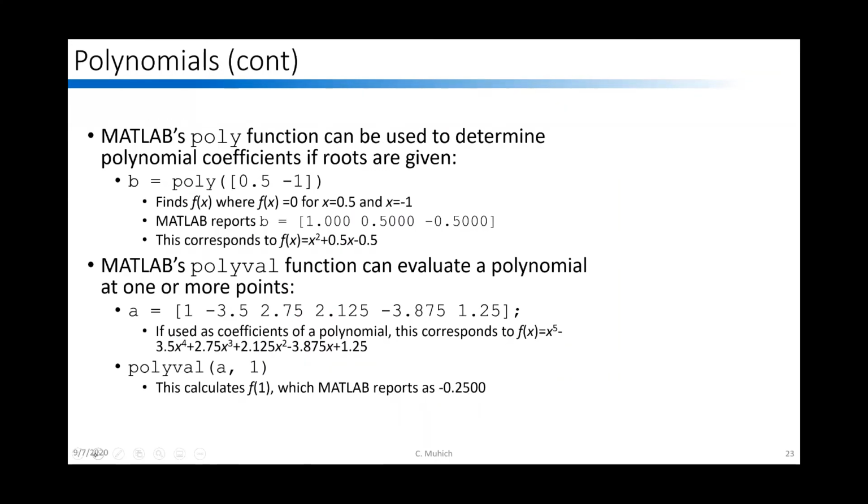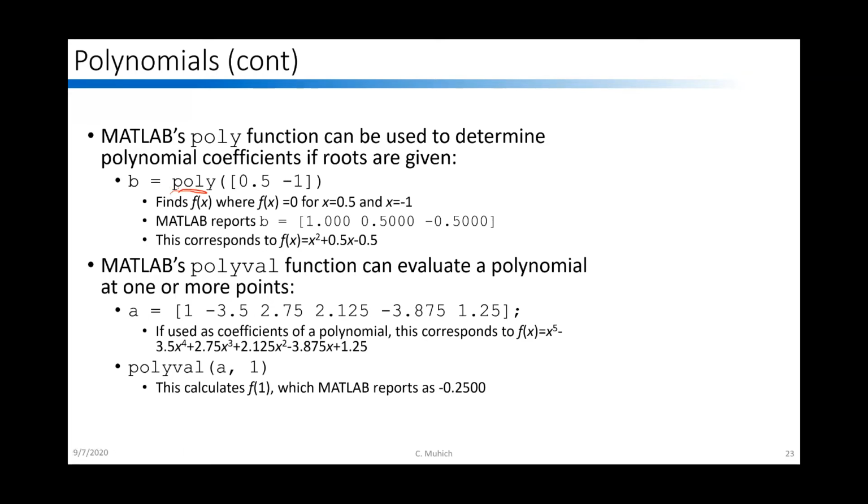So we can go backwards and determine the polynomial coefficients if we give it a root. So essentially, can we fit a polynomial function to roots? We can do that using the poly function.